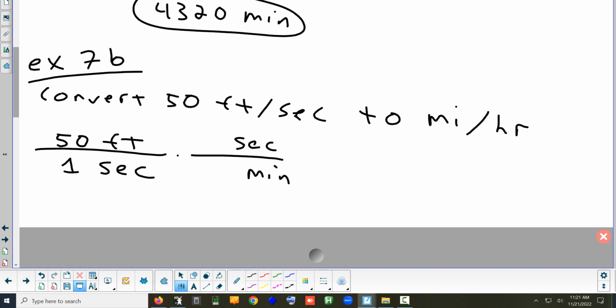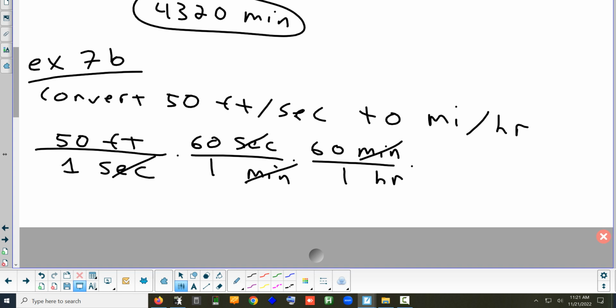And the connection between minutes and seconds? 1 minute is 60 seconds. So now you have feet per minute. Okay, let's keep going. Where would minutes go this time? Top. And what would go in the bottom? Hours. And the connection? 60 minutes in an hour. Now you have feet per hour.